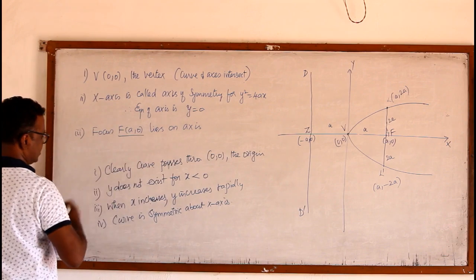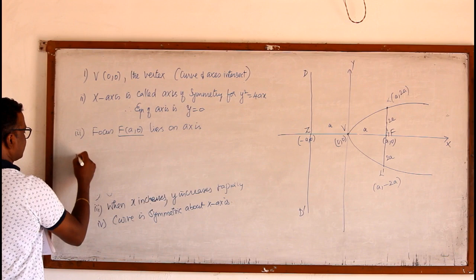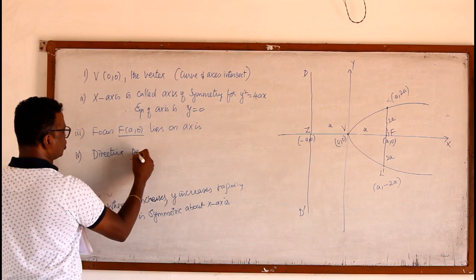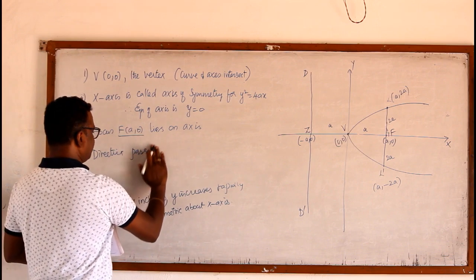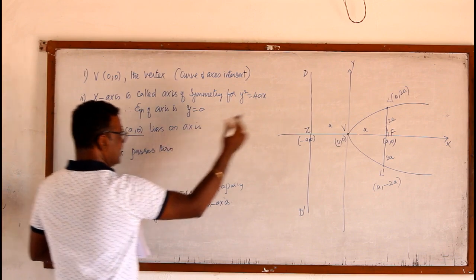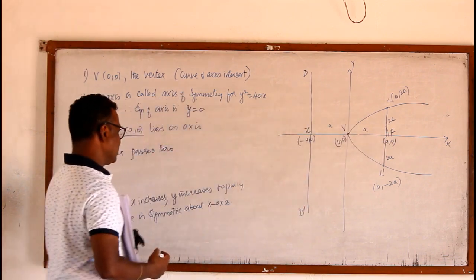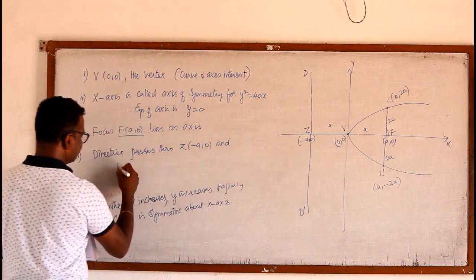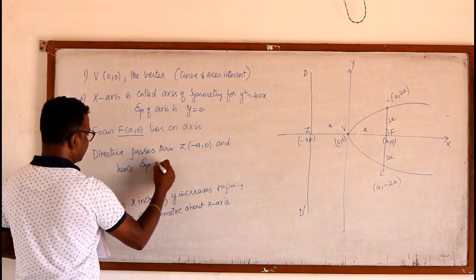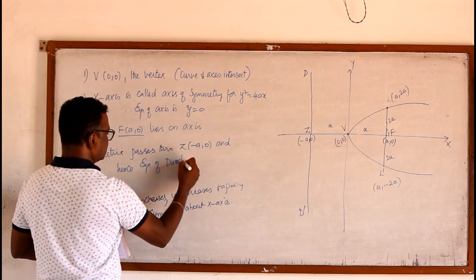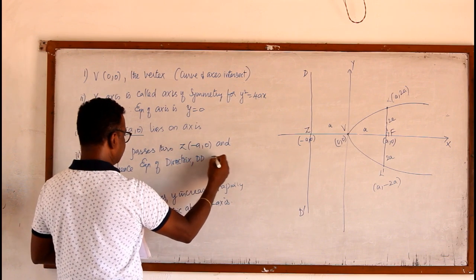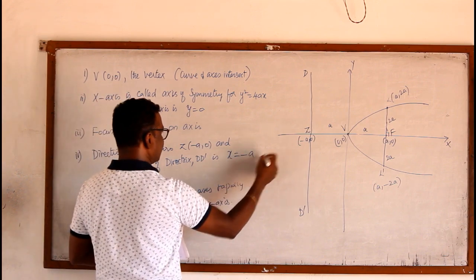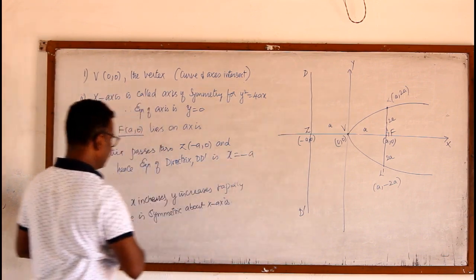Focus is F (a, 0). The directrix passes through Z, exactly opposite to this focus, (minus a, 0), and hence the equation of the directrix DD' is x equal to minus a. A line parallel to the y-axis means x equal to minus a.